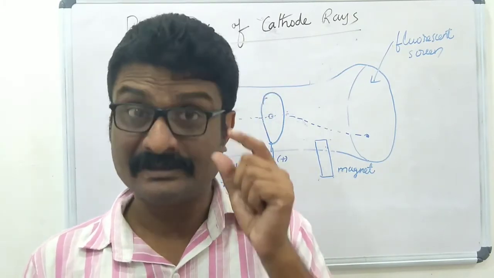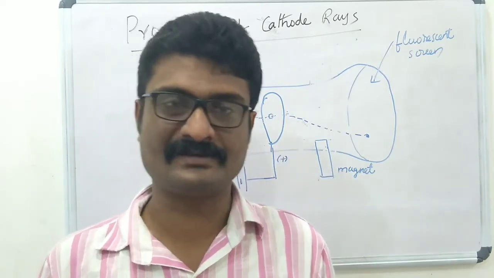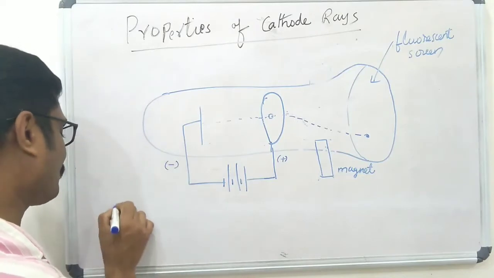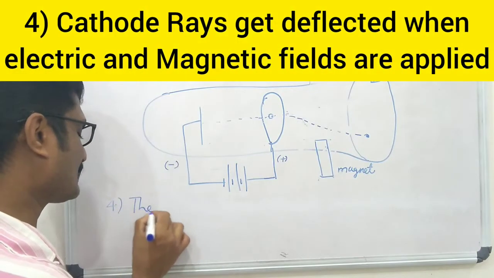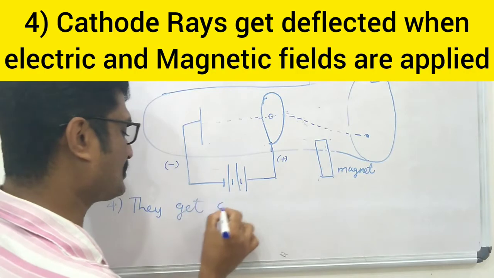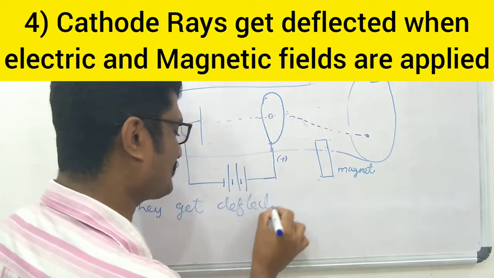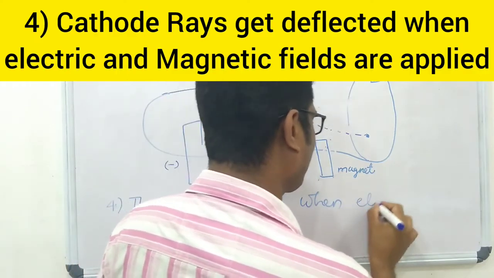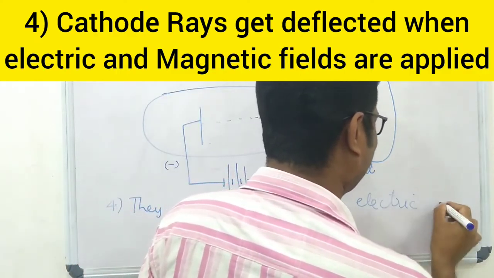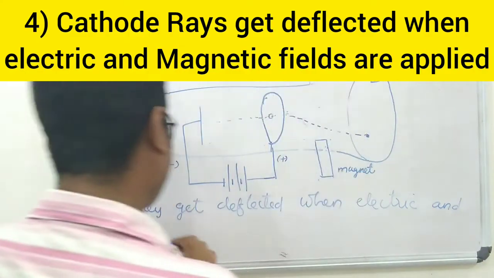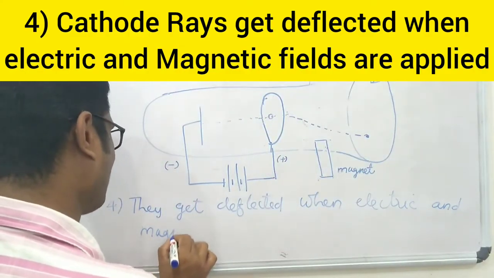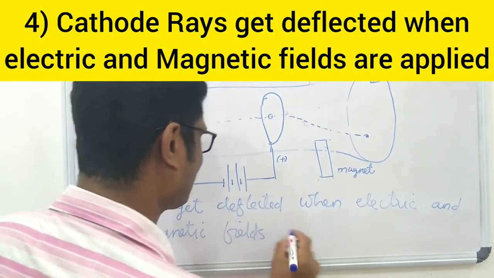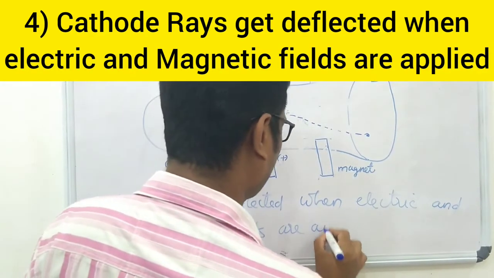Then we can write the next property: cathode rays get deflected when electric and magnetic fields are applied.